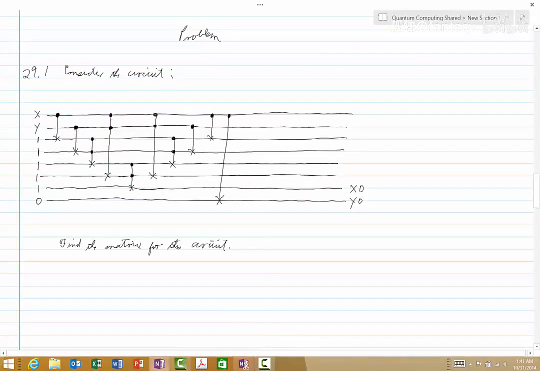So now let's look at the problem for lecture 29. We'll have one lecture problem and one in-class problem. They will both be similar. I intended for the one in lecture to be a bit easier than this, but since you have more time to work on this one, this is what we'll have.